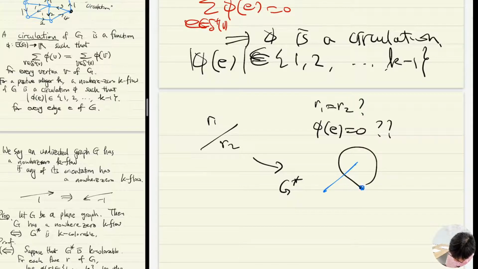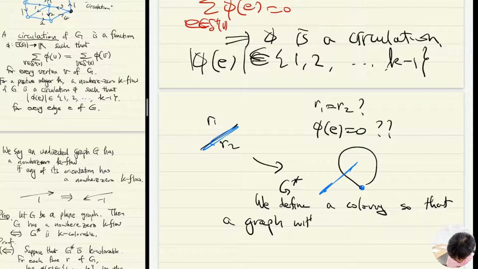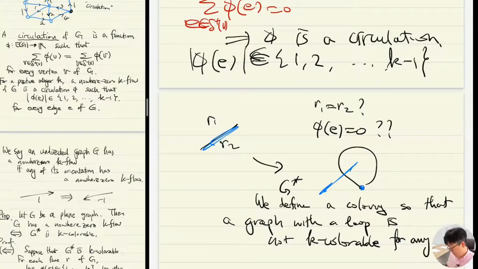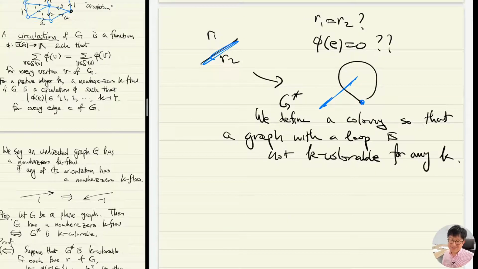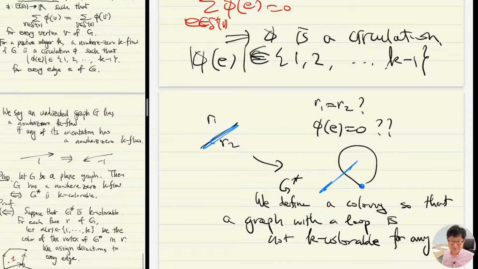So we define coloring so that a graph with a loop is not k-colorable for any k, because the vertex is adjacent to itself, so we don't want to call it colorable. That is convenient for us because it allows us to state this proposition more nicely.